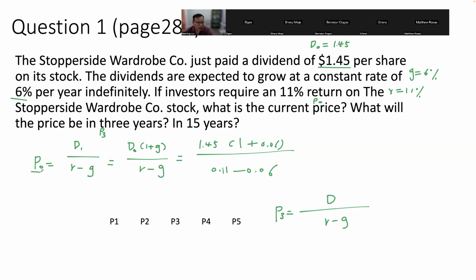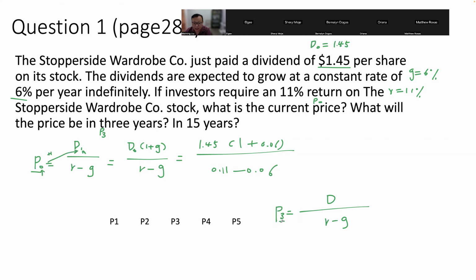So here is P0. If you take a look at what is called the subscript, here the subscript is 0, and here the subscript is 1. So to get here, you have to add 1.